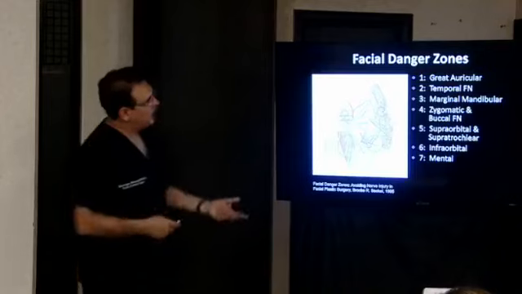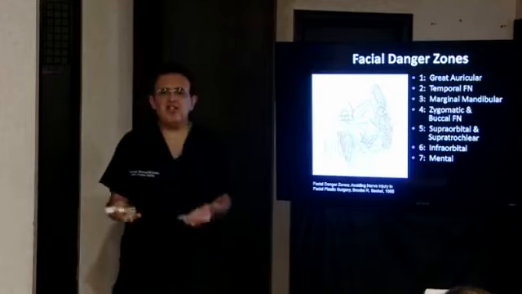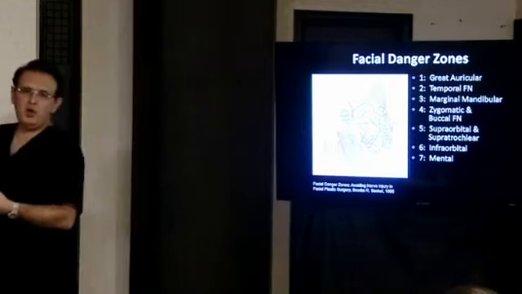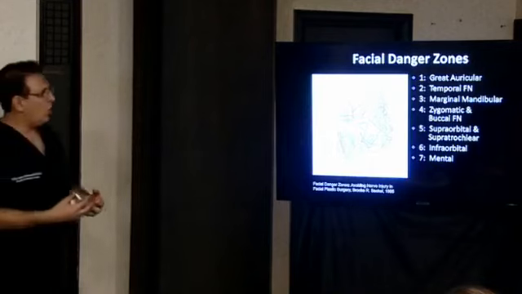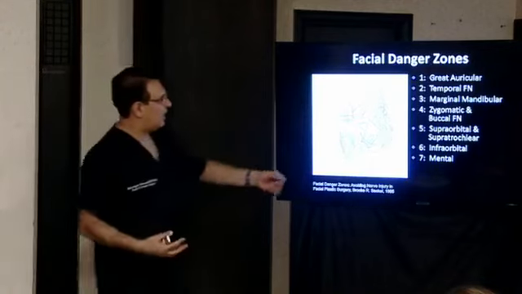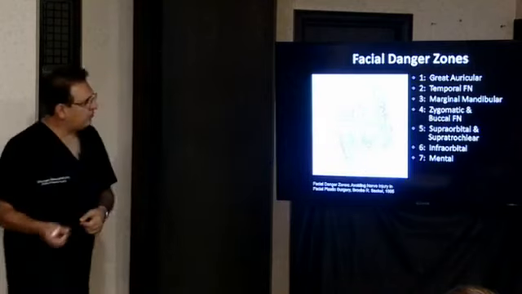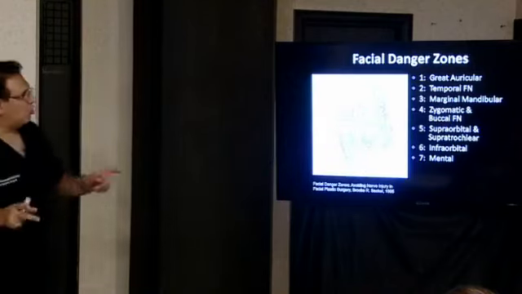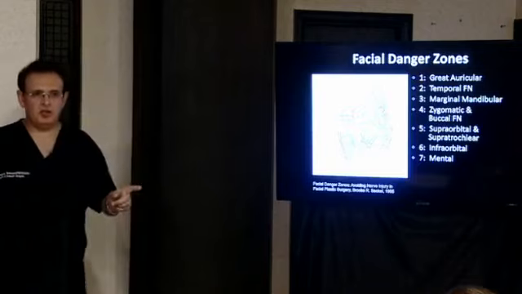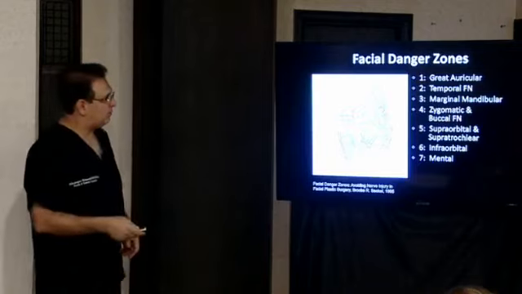There are certain danger zones where these nerves are really superficial, or where you have to be a little bit careful. So you need to understand the marginal mandibular branch and the temporal branch of the facial nerve. These are the two most superficial ones, so you need to understand where they are.